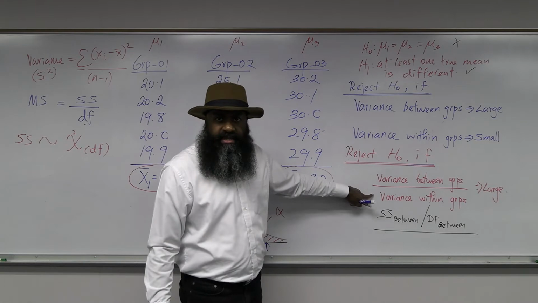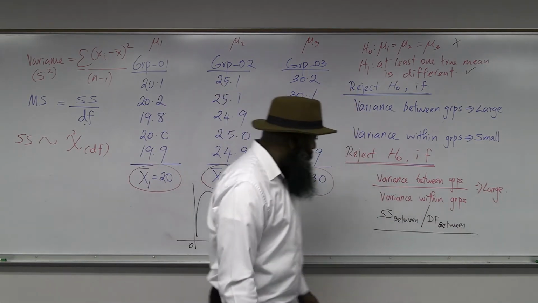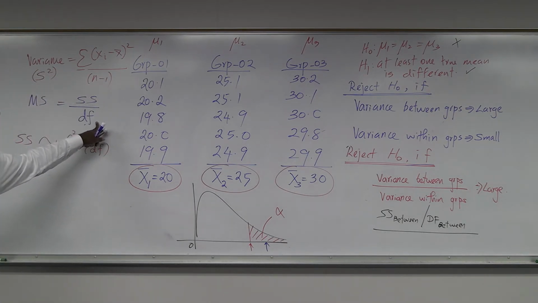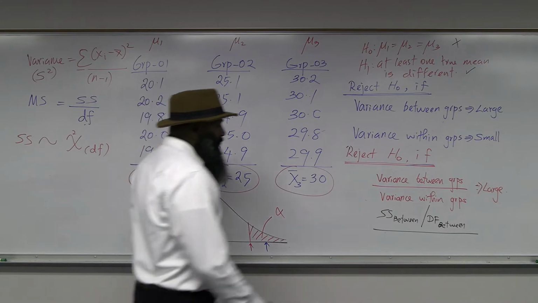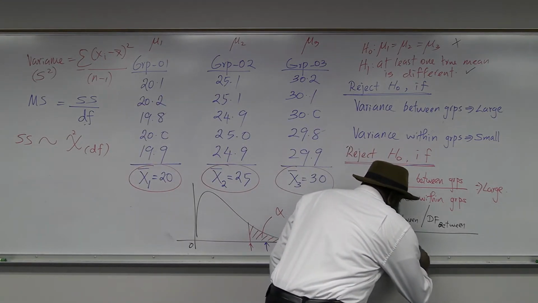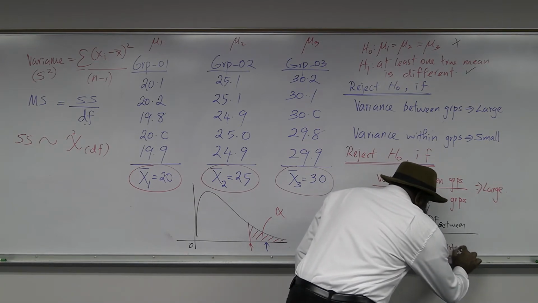The denominator has another variance, which is the variance within groups, which can be written as sums of squares within groups divided by degrees of freedom within groups.